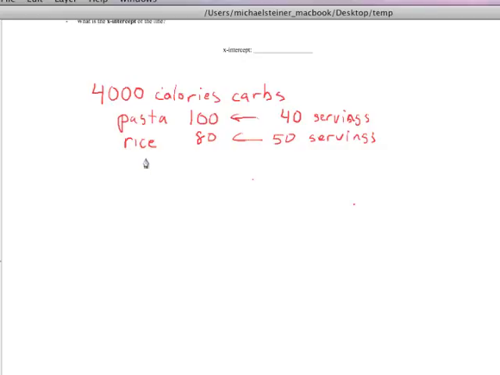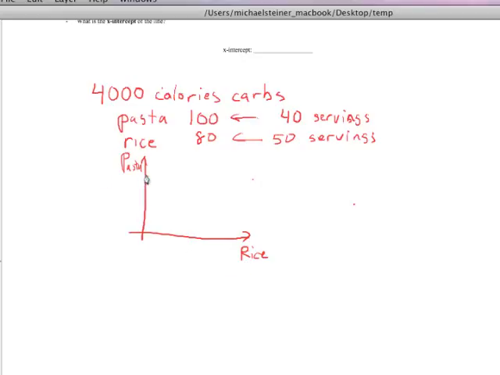And let's suppose we plotted, well, you pick, and then I'll decide. Let's put pasta on the y-axis, and rice on the x-axis. So let's look at the combinations of pasta and rice that will give us 4,000 calories of carbs.